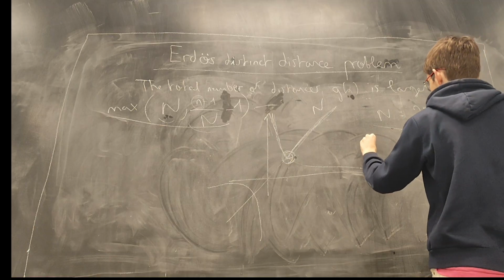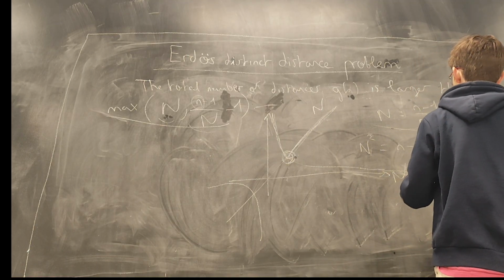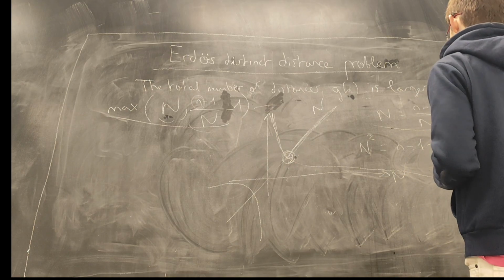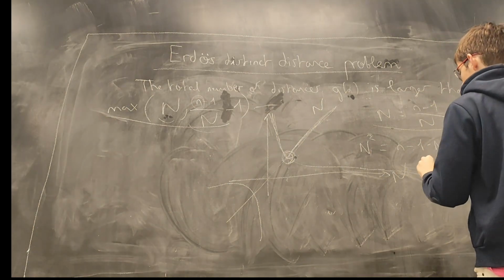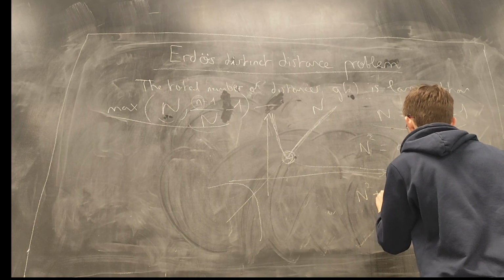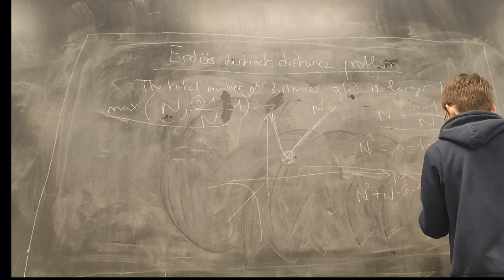So here we have N squared equals n minus 1 minus N. So in the end, we have the quadratic N squared plus N minus 1 equals 0.